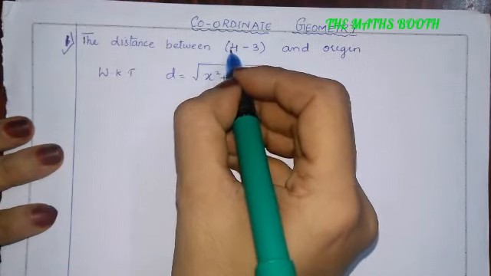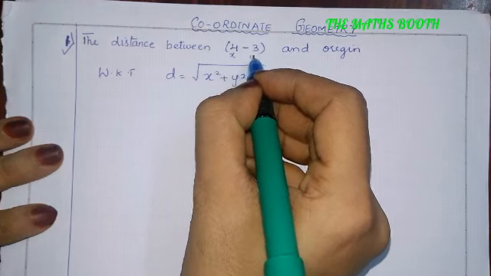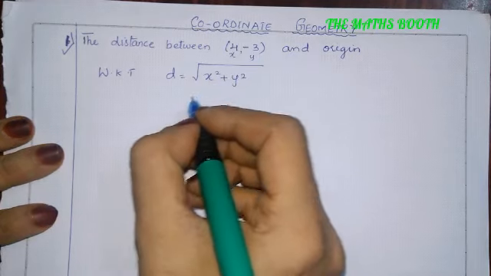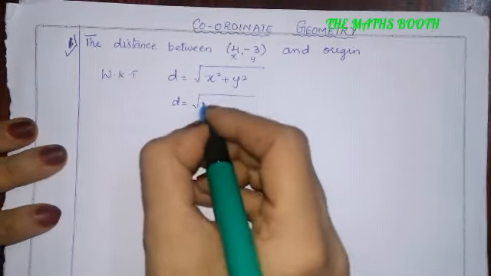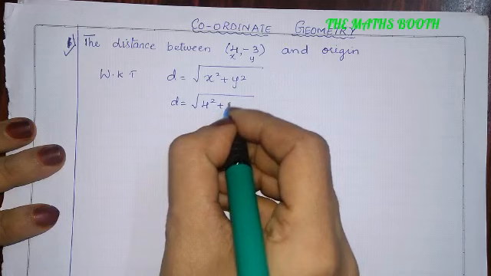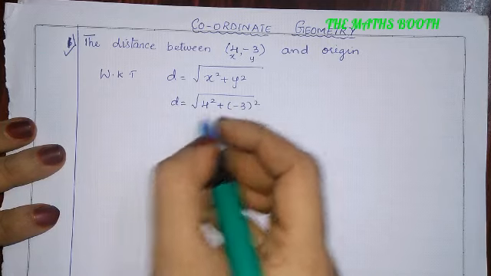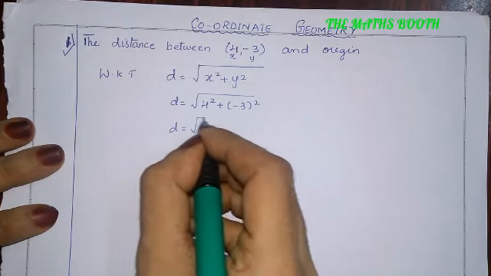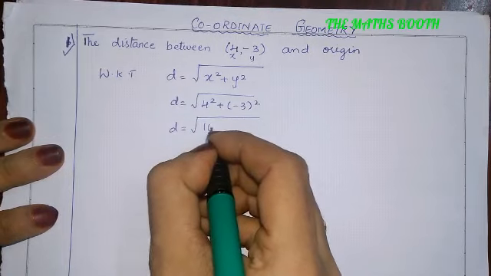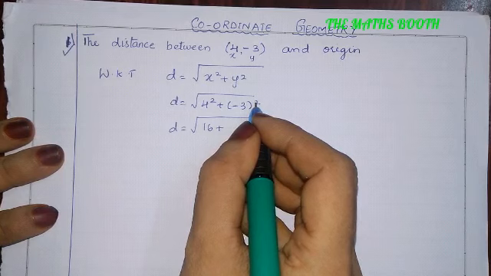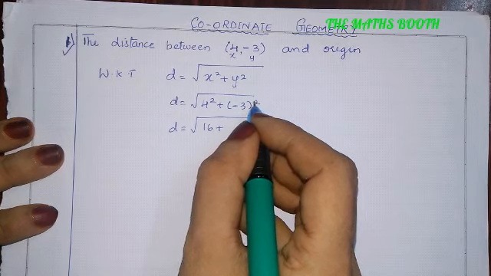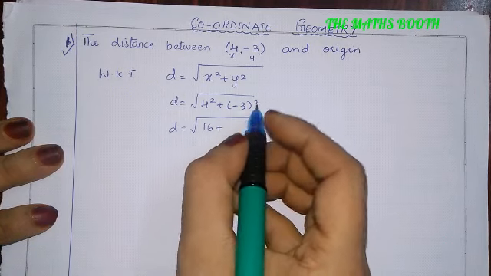Now x is the first given number and y is the next given number. So d is equal to root of 4 square plus minus 3 square. 4 square is 16, plus minus 3 square; a negative number to the power of square is always positive. Minus 3 square is 9.